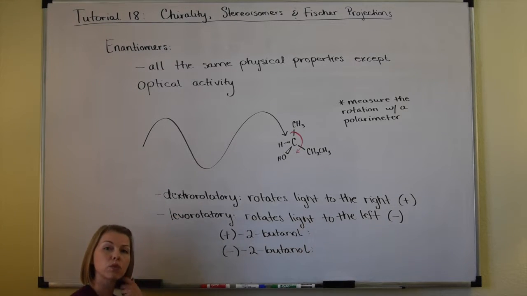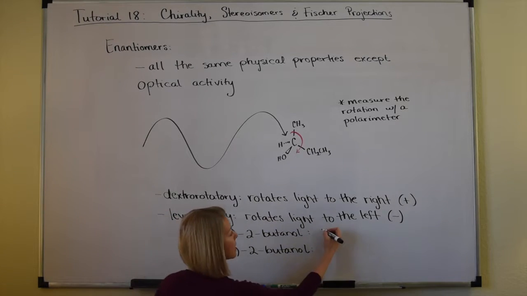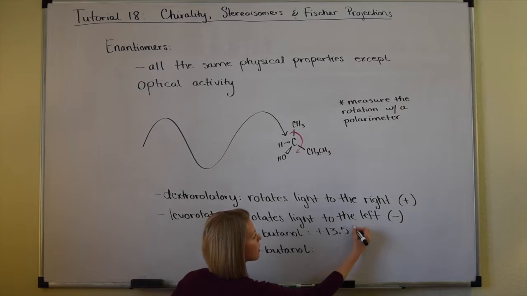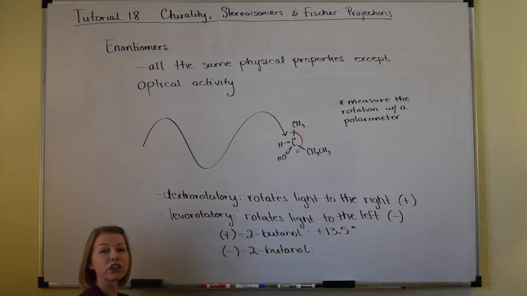The dextrorotatory enantiomer will rotate plane polarized light positive 13.5 degrees. So I'm going to indicate its specific rotation here as positive 13.5 degrees. So hopefully you already know what the specific rotation will be for its enantiomer.